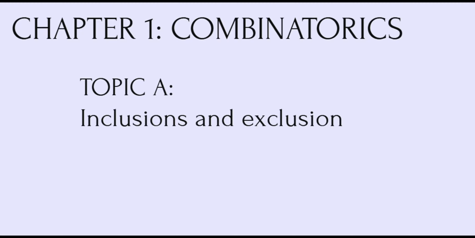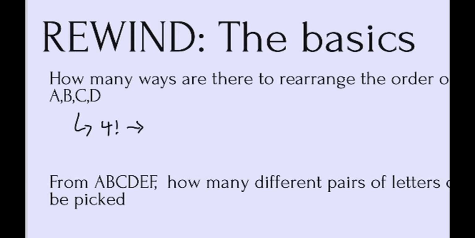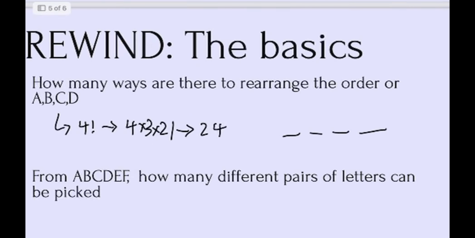Chapter 1 is combinatorics, and the first topic is inclusion and exclusion. So, let's have a quick recap on the basics of combinatorics. How many ways are there to rearrange the order of A, B, C, and D? There's actually 4 factorial ways, or 4 times 3 times 2 times 1, or 24 ways to rearrange A, B, C, D. You can think of it as using A, B, C, D to fill out this 4-letter word where each letter can only be used once.